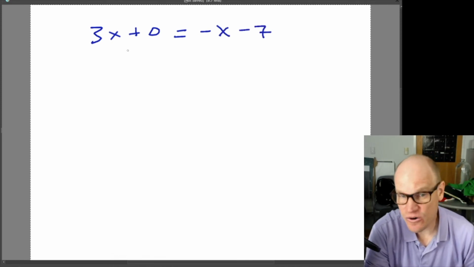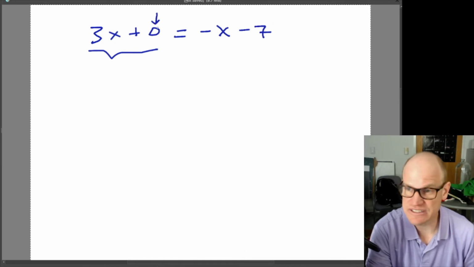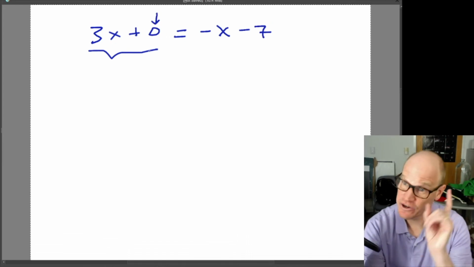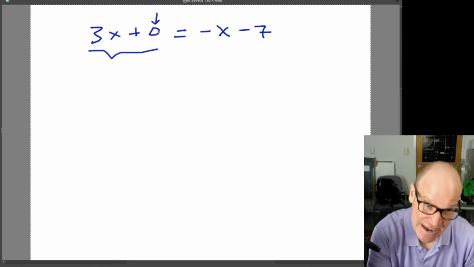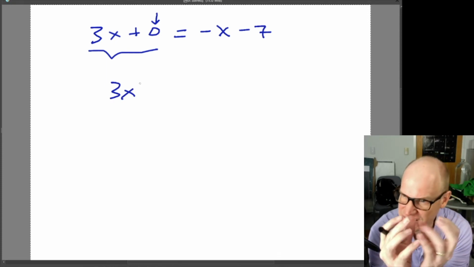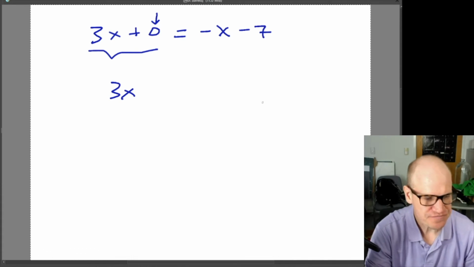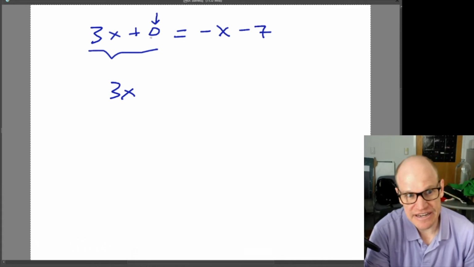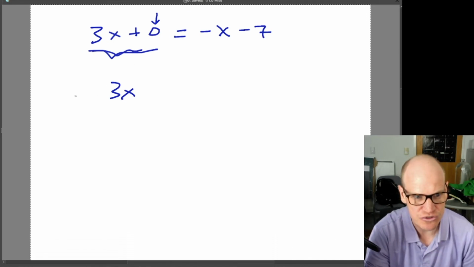Right, now I have these two terms being added together, and one of those terms is the additive identity. What I know about the additive identity is that when I add it to an expression, I just get that expression back. So this is the nuts and bolts of what you're actually doing when you're solving these linear expressions. The rules of addition with the additive identity tell me that this is equal to whatever is there.